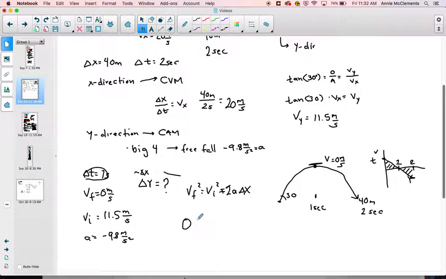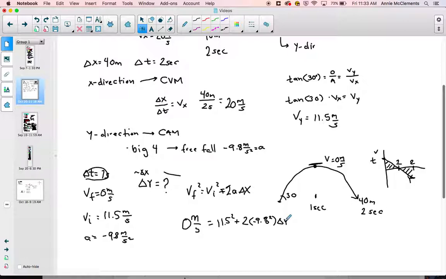V final is 0 meters per second. That equals the initial 11.5 meters per second squared plus 2 times negative 9.8, make sure you keep the negative in there, times the displacement, our delta y or delta x.